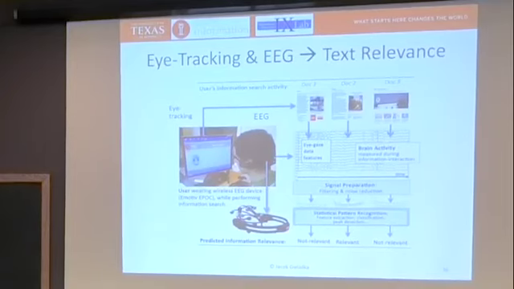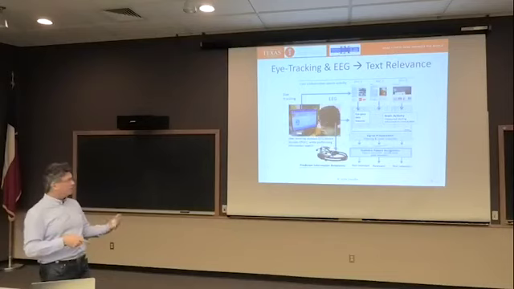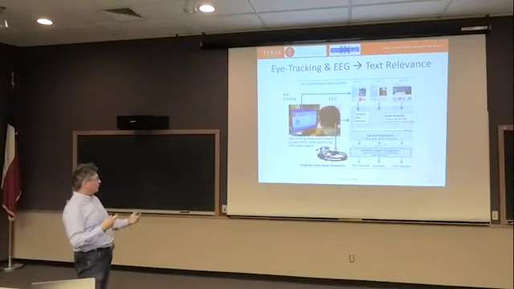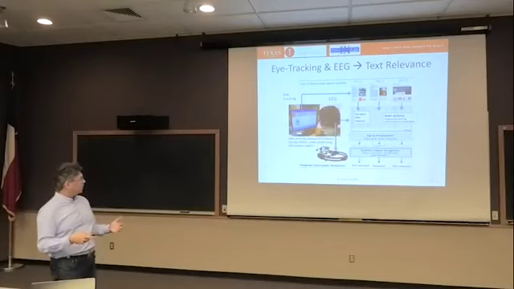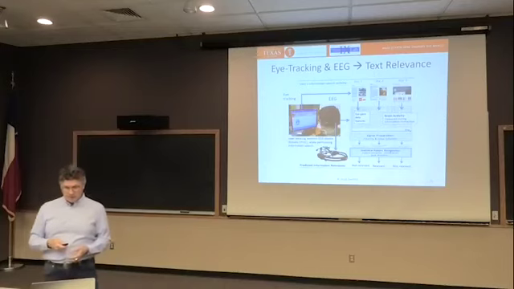In my study so far, I have done it offline, so I've done all the data processing after the task is completed. But the goal is to do it at some point in real time and to feed this information back into the system to help retrieve more relevant documents, or perhaps suggest more diversity to a person in terms of search results.